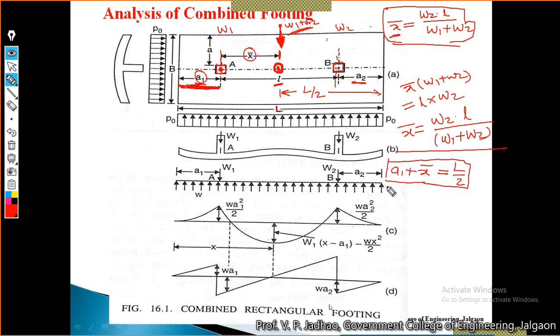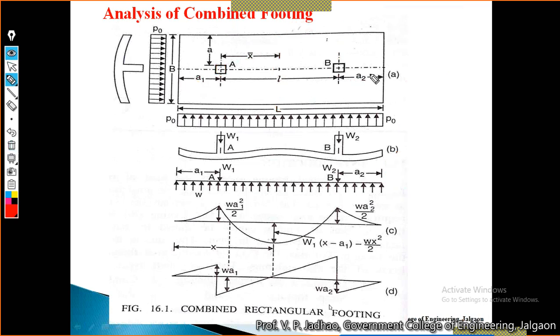And again, if we see from the right side, then we can say that this is A2 and this is L. So if we deduct this distance X bar from L plus A2, then we will get this distance, which will again be L by 2.